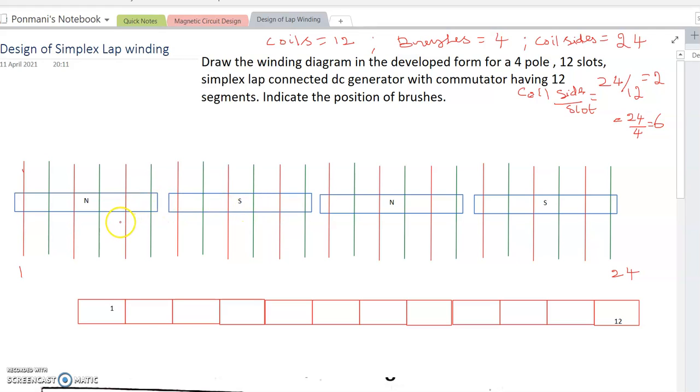And then you have to mark down the direction of current. Through the north pole we are going to assume it is clockwise, that is the upward direction, and through the south pole we are going to assume the current is in the downward direction. Like that you have to assume the current direction.